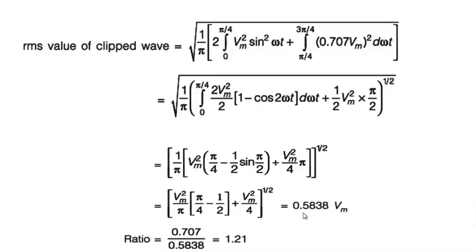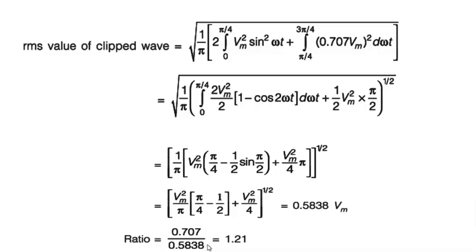So this is the clipped waveform RMS value, and we know that for a pure sinusoidal waveform, the RMS value will be 0.707 Vm. So the ratio of the RMS value of the rectified sinusoidal waveform to the RMS value of the clipped waveform will be 0.707 Vm by 0.5838 Vm.